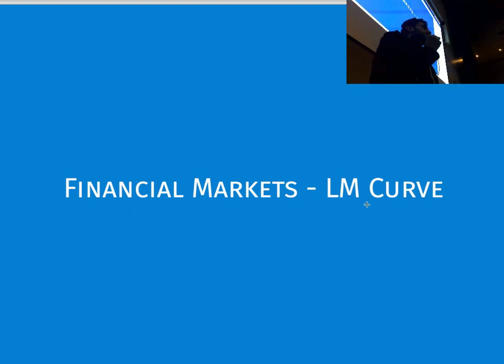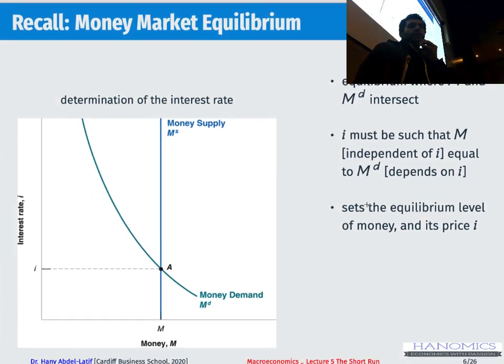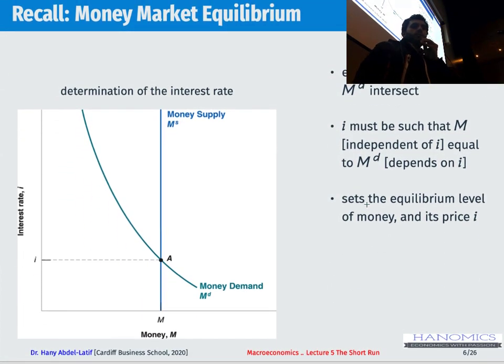Remember, financial markets. The first side, the IS, represents equilibrium in the goods market, and LM represents the equilibrium in financial markets. So let's just recall what we learned about equilibrium in the money market. As we said earlier, and also last lecture, it's the interaction between demand for money and money supply.